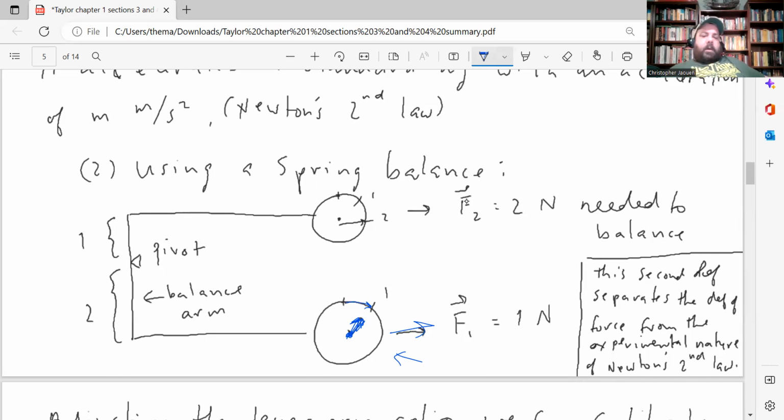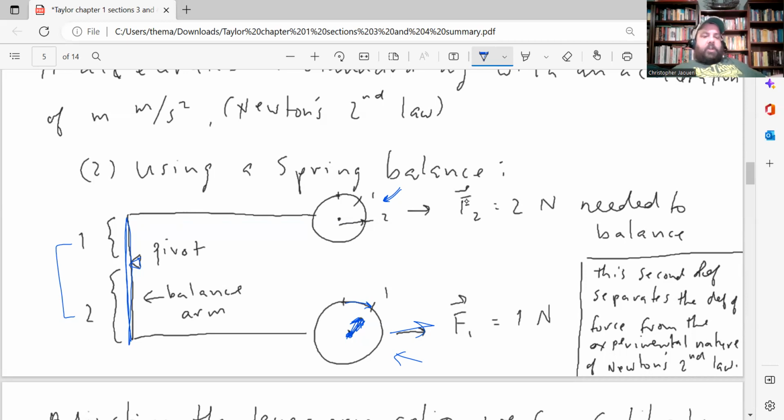And then you have another spring attached to a balance arm. So here's the balance arm, and you have a pivot, let's say a movable pivot, and the ratio of the two lever arms allows you to measure any other multiple or fraction of a Newton on the other dial.